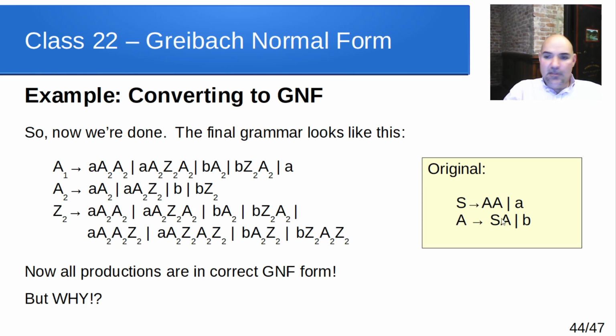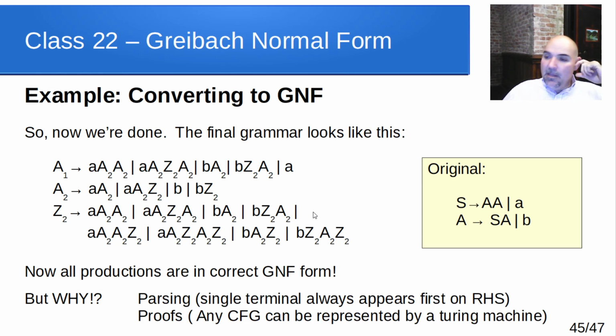Why do we take this thing that looked fairly simple and turn it into something that looks more complex? But that ability to linearize, to say start with a terminal, match that, go on to the next level, match another terminal, match another terminal, match another terminal. In other words, that sequential nature in which we match or process these things can be really useful. The main advantages of Greibach normal form are obviously parsing.